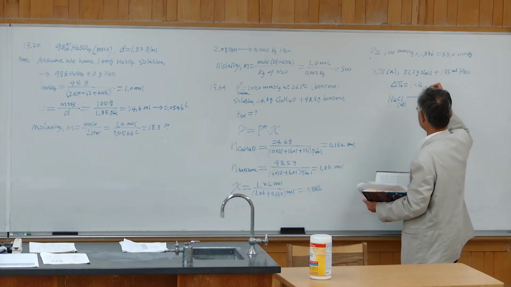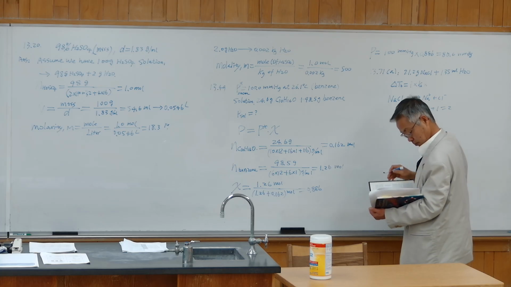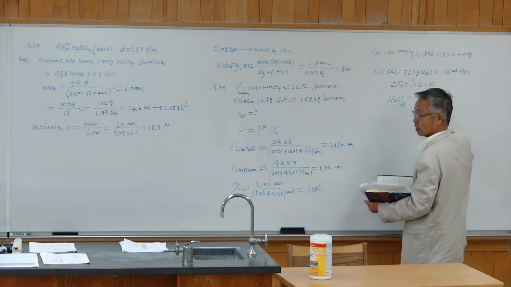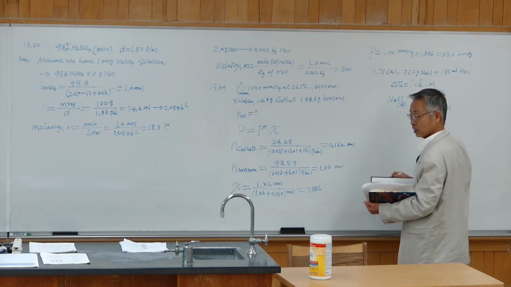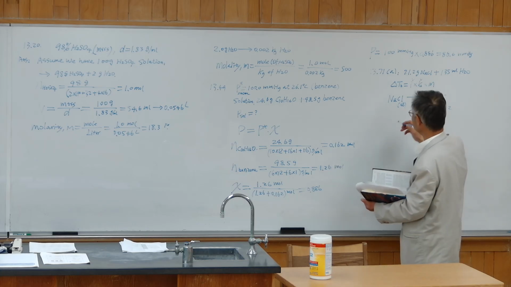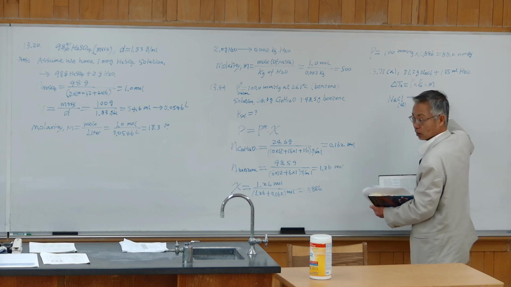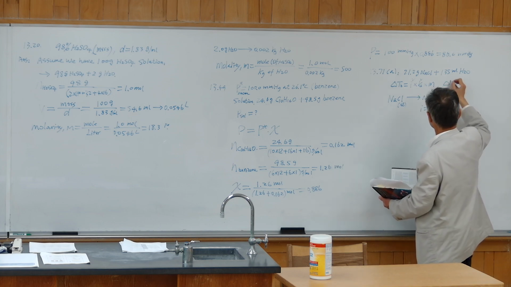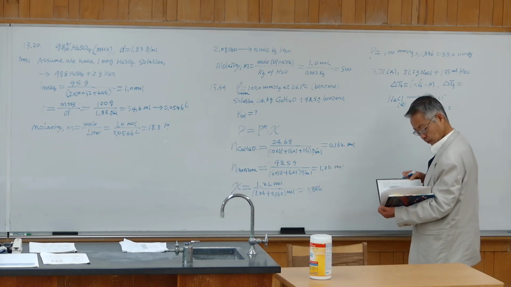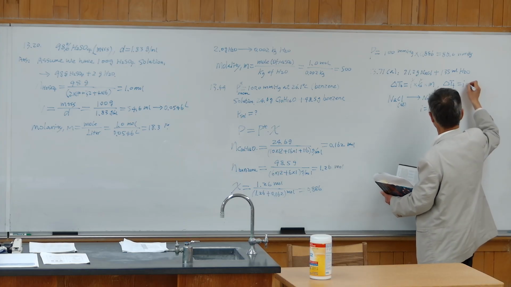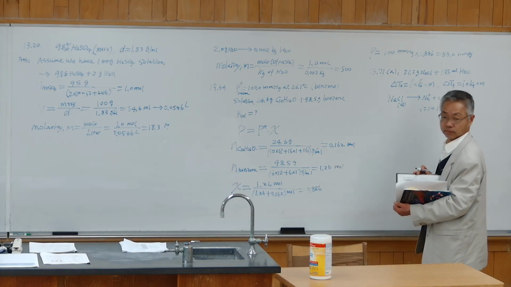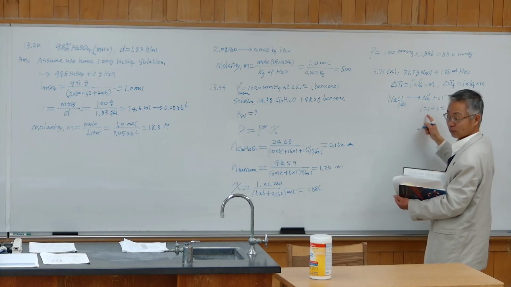So delta TB is i times Kb times molality m. i is a known value, 2. Kb is a known value from the table I will provide. So what you need to do is find m, molality. Then delta TF is also i times Kf times m. i is the same.